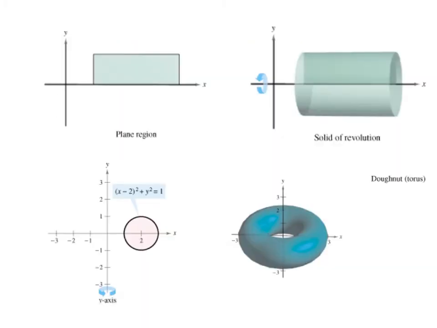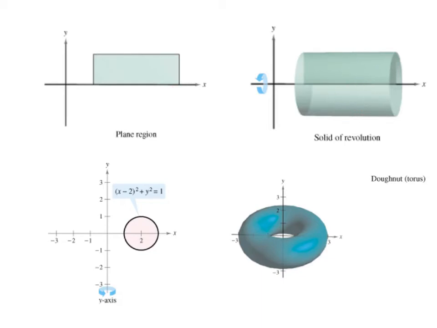One of the hardest things for students to do is to picture a two-dimensional object revolved around an axis, making a three-dimensional object. On the next couple of screens, I have shown this rectangle along the x-axis, and then shown you again what this solid looks like.